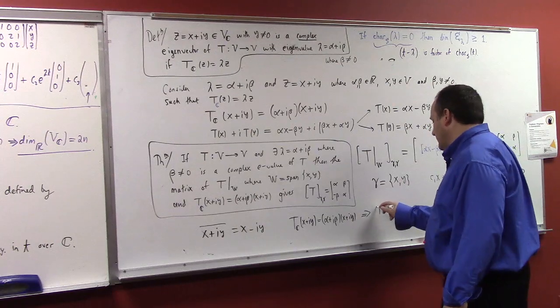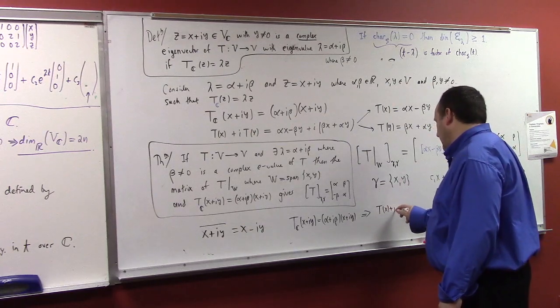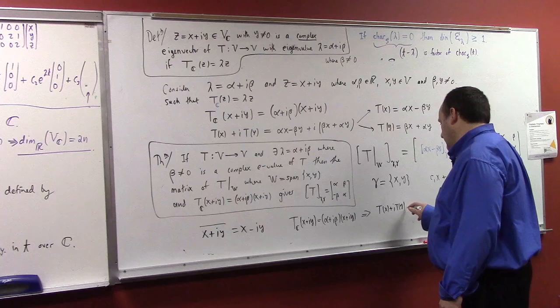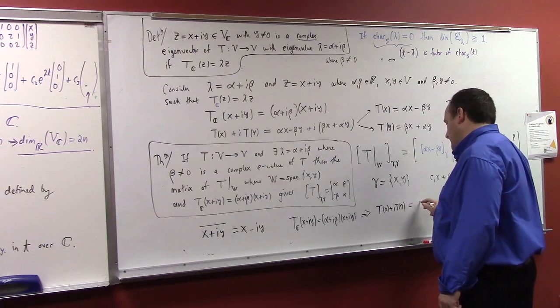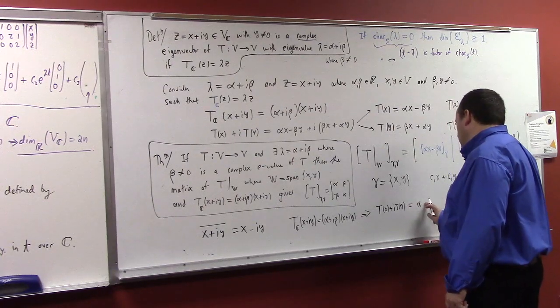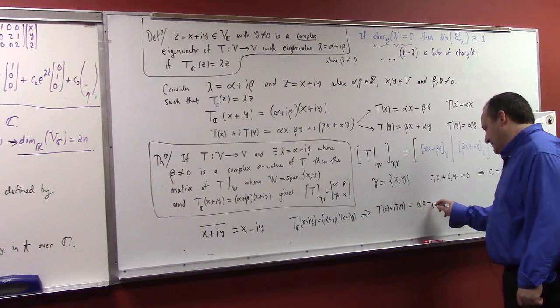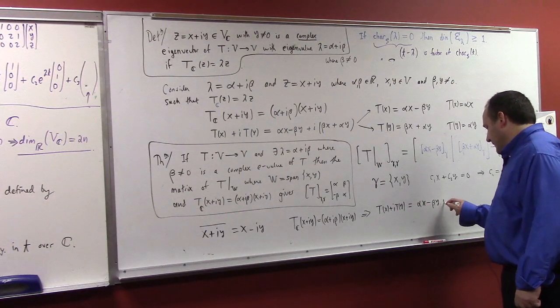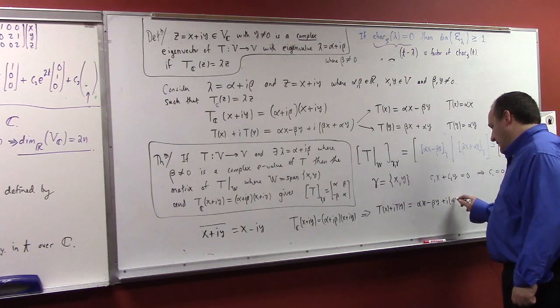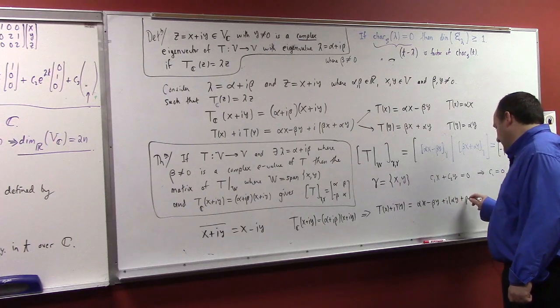Fine, I just have to write it out. T of x plus i T of y is equal to alpha x minus beta y plus i times alpha y plus beta x, right?